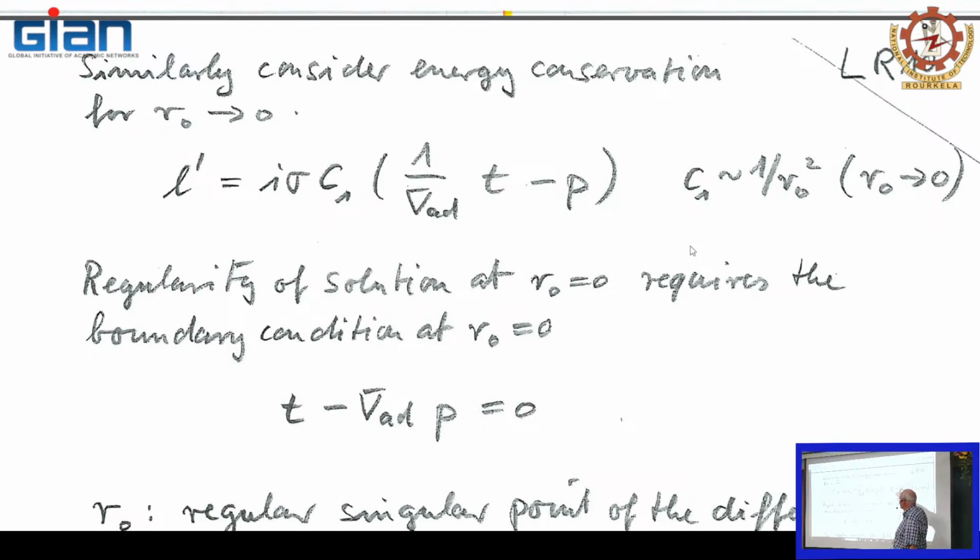C1 goes like 1 over r squared. Also, the regularity condition would then mean that the bracketed term, 1 over nabla adiabatic times t minus p, has to be 0. So regularity at r equal to 0 provides two boundary conditions. So we have two boundary conditions on the surface of the star at the photosphere and two regularity conditions at the center.